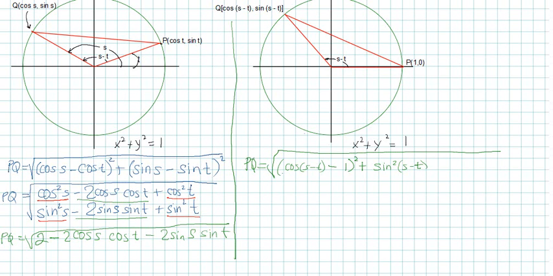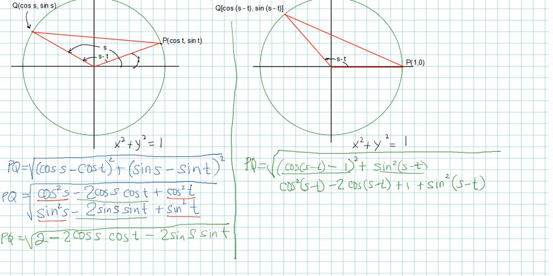So we're going to expand this binomial. So you've got cosine square of s minus t, minus 2 cosine of s minus t, plus 1. And then this one, plus sine square of s minus t. All right, so we have that.